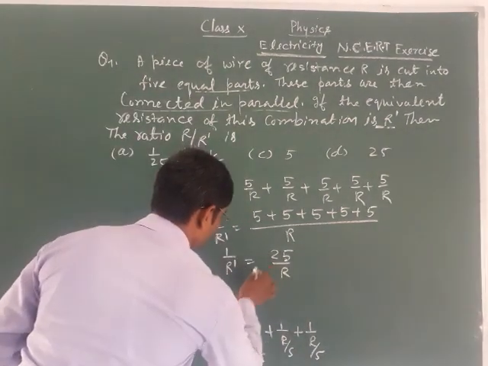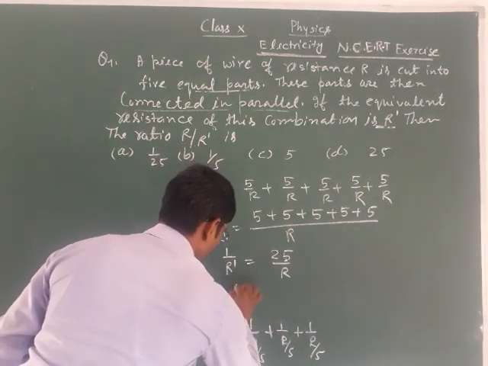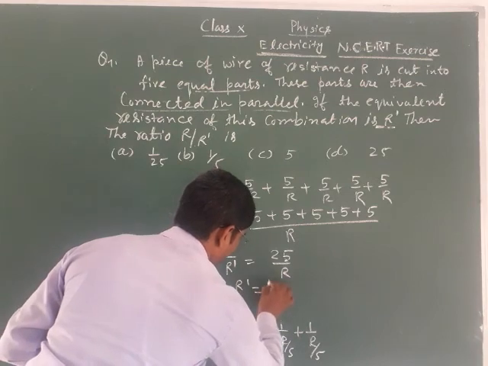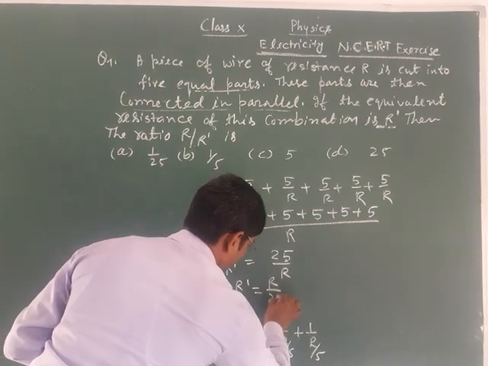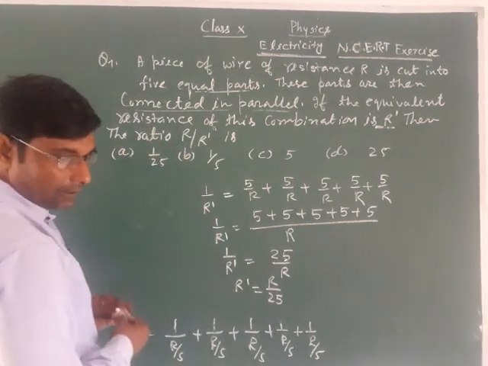Now reverse this, so R dash is equal to R upon 25.